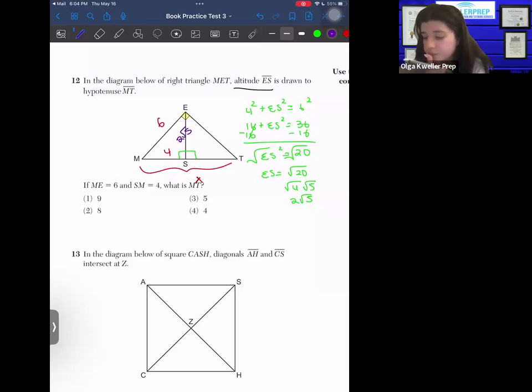Where can we go from here? So people are suggesting altitude formula. What is the altitude formula? Yeah, I would just do a proportion in this case. I think that's the easiest way to do it.